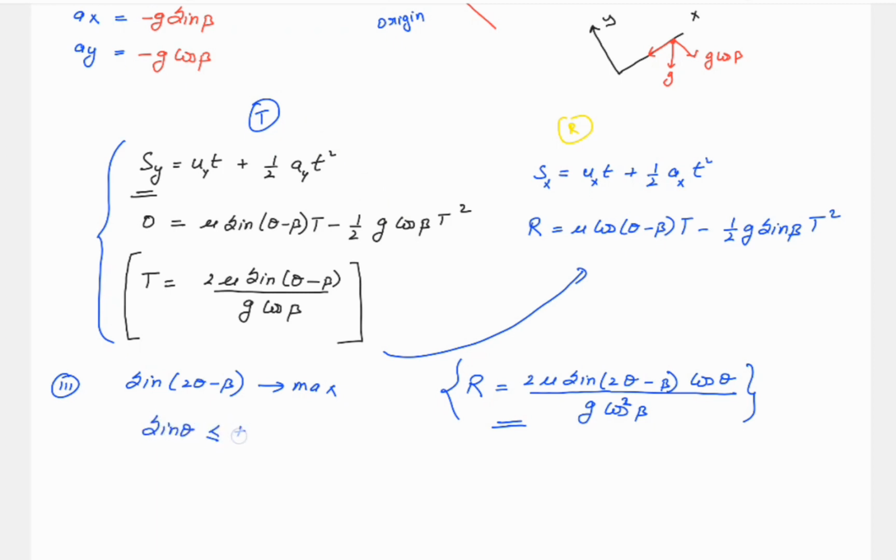We know sine of any angle will have a value in the range of -1 to +1. The maximum value of sine is going to be +1. So the sine of 2 theta minus beta can have a maximum value of +1. From here we can write 2 theta minus beta is going to be sine inverse 1, which is equal to 90 degrees.